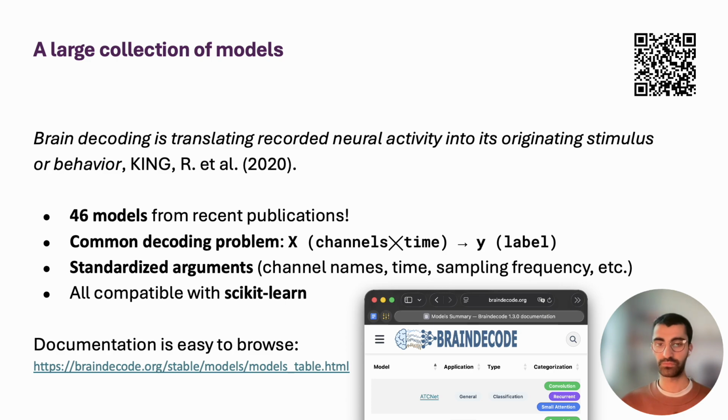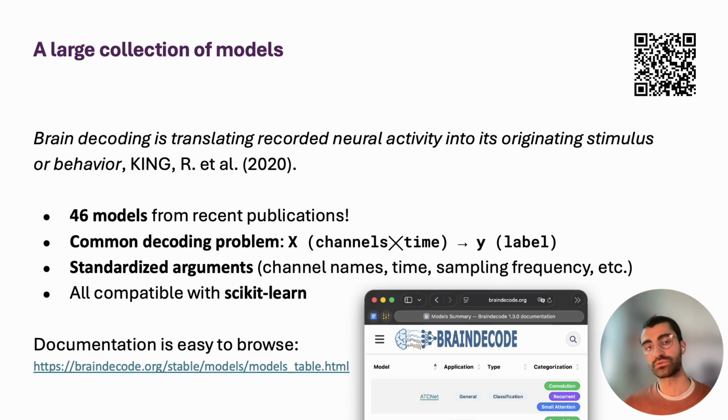You know that every model will have these exact same parameter names, and that you will be able to pass to the model the exact same window of EEG signal, and you will always get a label. And so it's very easy then to benchmark different models or just to try a new model from a new publication. You don't have to update all of your code. It's all handled by BrainDecode thanks to the standardization.